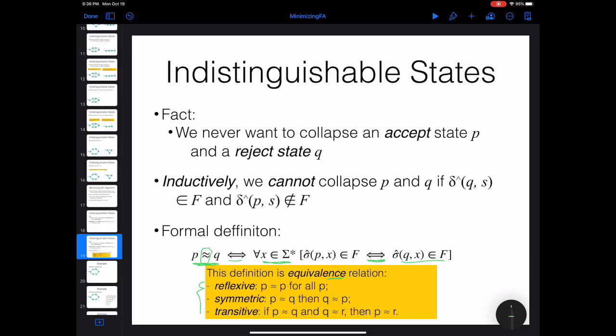So if P is equivalent to Q, Q is also equivalent to P. One state is definitely equivalent to itself, and for the transitive property, if you showed P is equivalent to Q, and you also showed Q is equivalent to R, P is also equivalent to R. So this is the formal definition of indistinguishable or equivalent states.